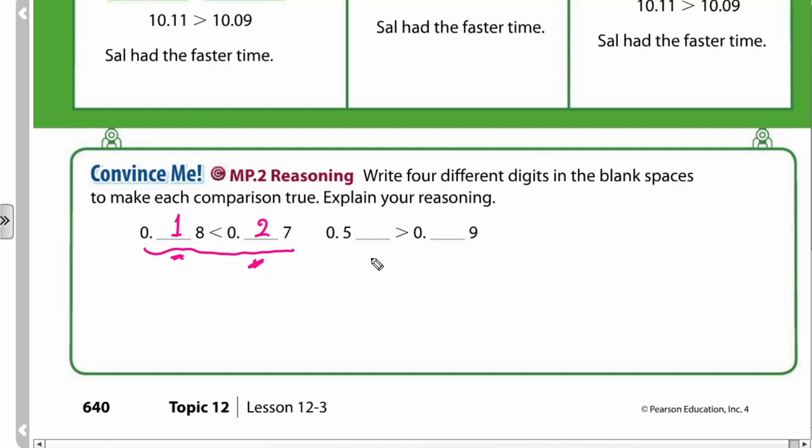Yes, teacher. Okay, Muhammad, the second comparison. 0.5 is bigger than 0.9. Mm-hmm. 0.59. Okay, we can use 9. We didn't use 9 here. Okay, so 9 is okay.